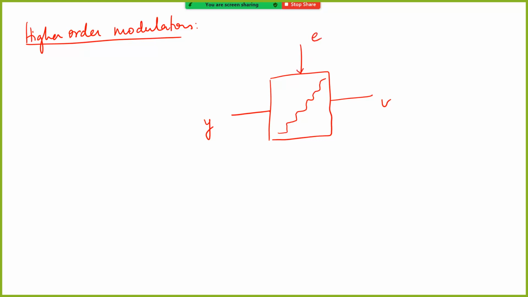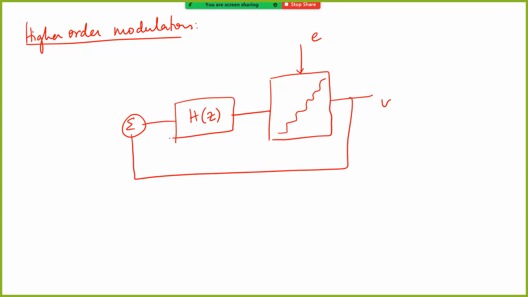Let's say e is being added here, right? So let's just bunch the whole thing together and say some H of z is here. This is u, right? And this is y, correct?